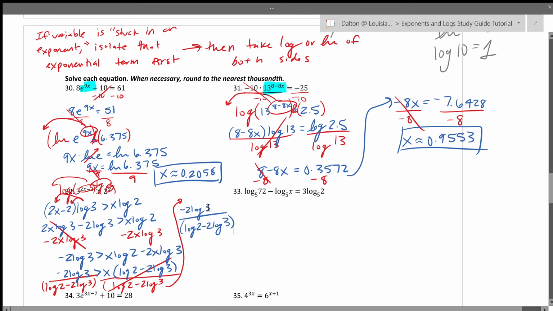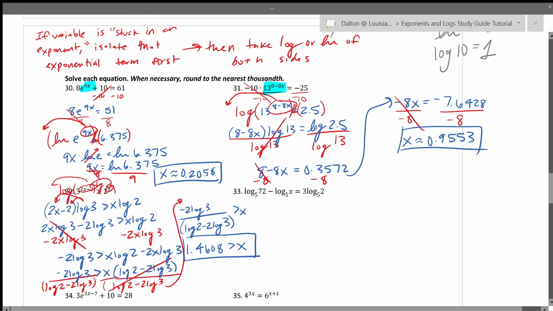And again, you could do it piece by piece if you want, but just try not to round multiple times throughout a problem. Keep decimals in your calculator. All that's greater than x. So if I simplify that value to the nearest thousandth, you would get 1.4608 is greater than x, or x is less than 1.4608.